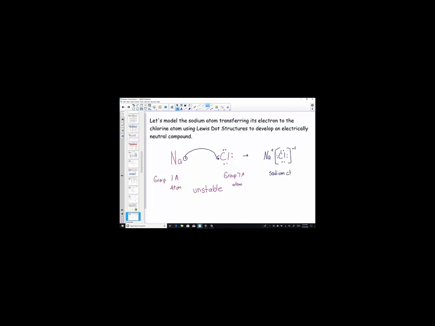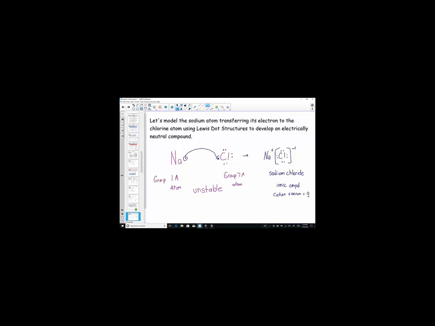Say the name of the negative, but change the chlorine to chloride, and we've written our first ionic compound. An ionic compound is composed of a metal ion, which we know is positive, plus a nonmetal negative ion, which we know is negative. Cation and anion, and the total charge must equal 0.